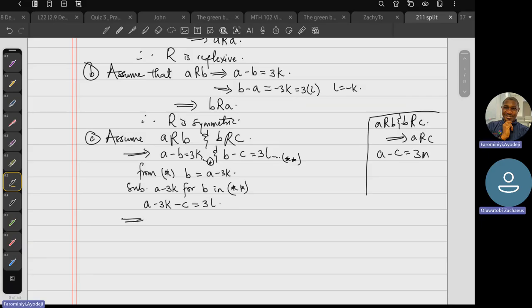So A minus C equals 3 times (k plus L), which is equal to 3M, where M is equal to K plus L. So A is related to C. Therefore, R is transitive.